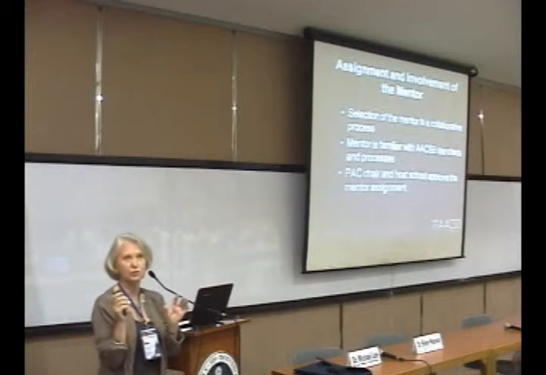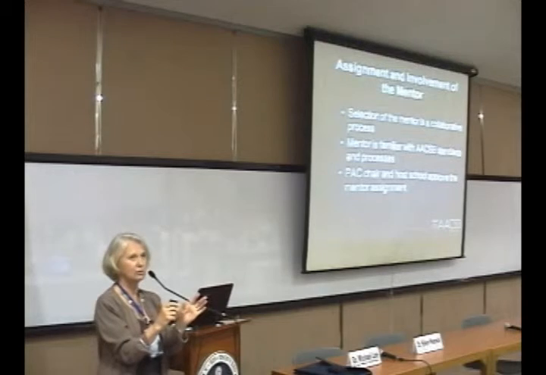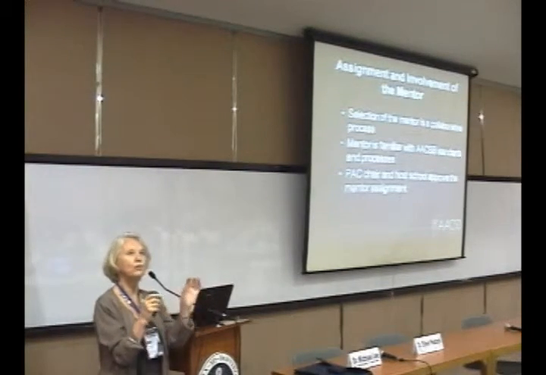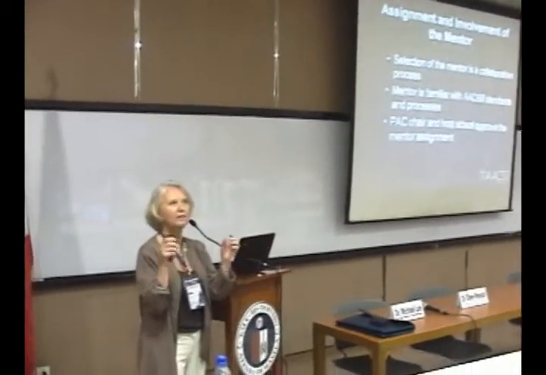You can also suggest names to the accreditation staff. And then once you've decided on who you would like, they ask the mentor. The mentor may say, no, I'm too busy. No, I cannot spend 30 hours traveling from the United States to here and back again and so on. And so we are now looking for mentors close to home, as it were. So that selection is collaborative.